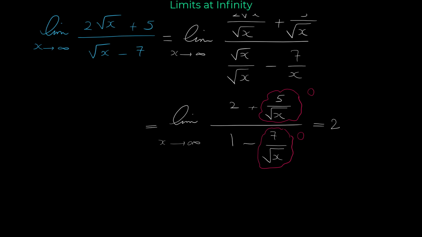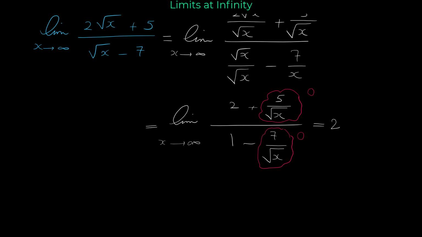But let me show you the shortcut for finding this limit. If you remember from the previous video, for finding limits of functions at infinity, we can simply keep only the terms in the numerator and in the denominator that are dominant, which means that they are infinitely greater compared to other terms.